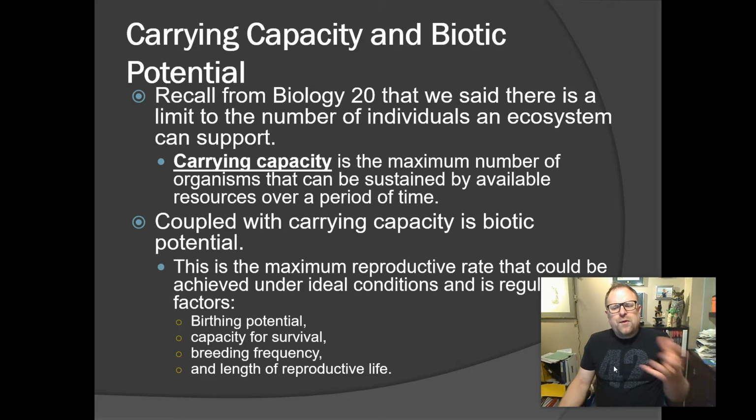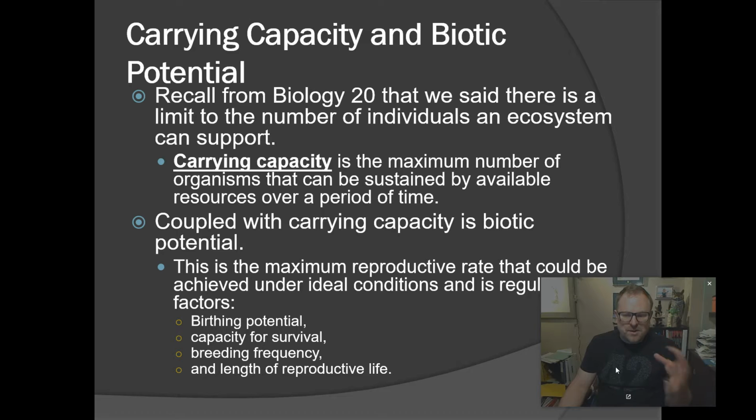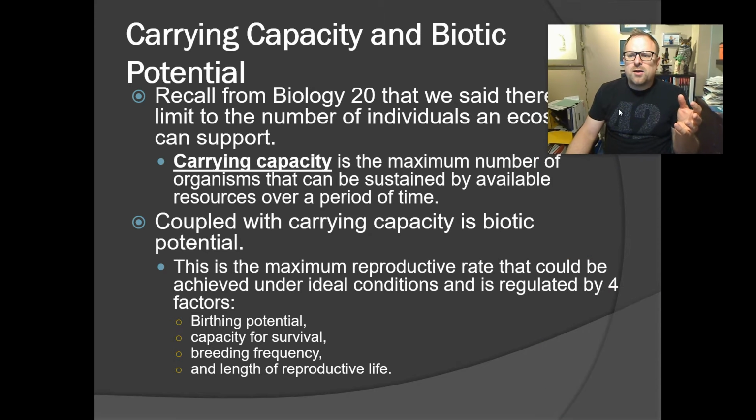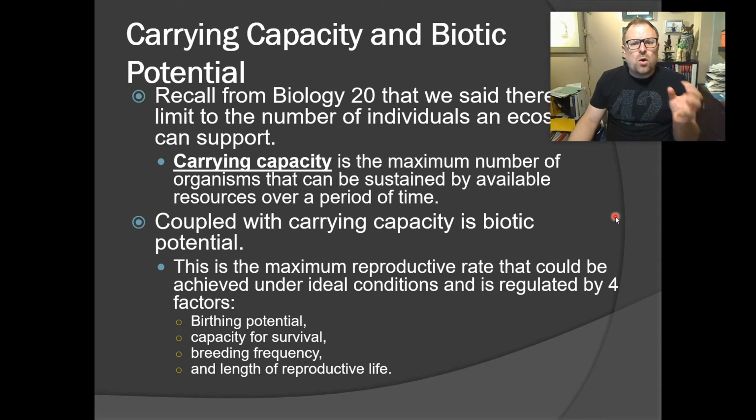We coupled carrying capacity in Bio 20 with something called biotic potential, and I'm not going to dwell on this. If you wanted to, you can go back and look at your notes or your textbook and recall this. Biotic potential is the maximum reproductive rate that could be achieved under ideal conditions. And it's regulated by 4 factors. Birthing potential, right?